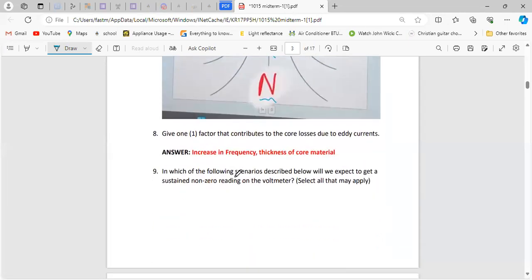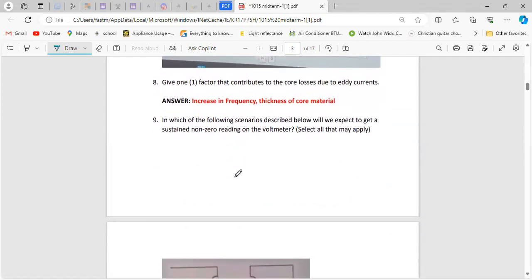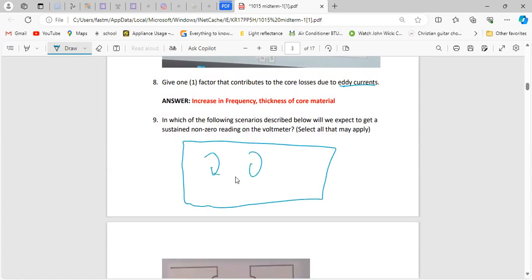That's all. Nice. Number 8, eddy currents. Eddy currents are circulating currents in the core material. It's literally like these things, circulating currents.